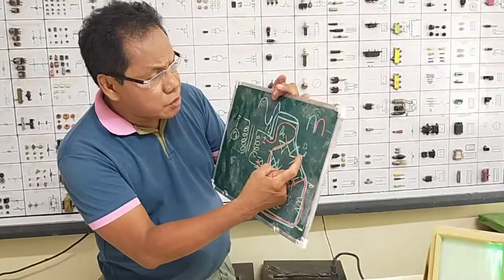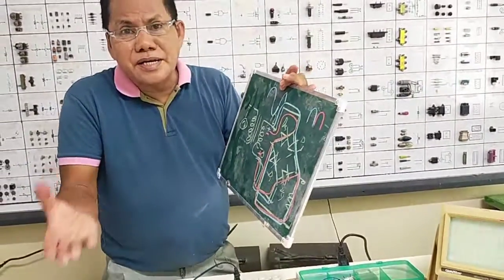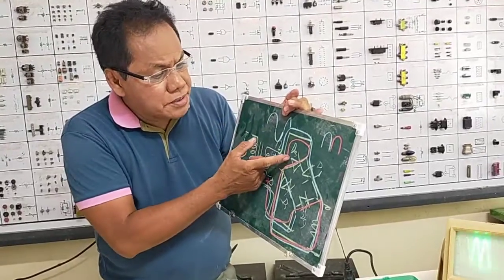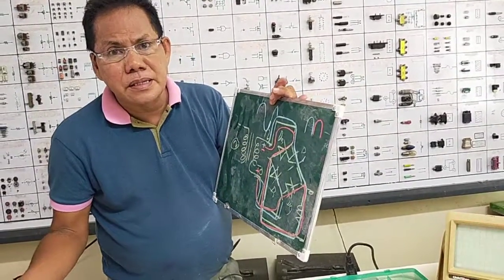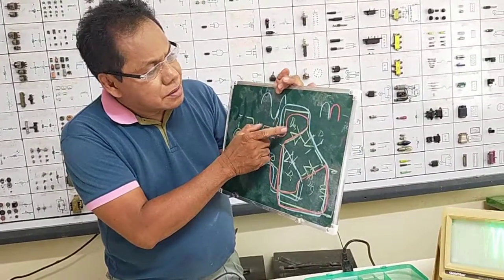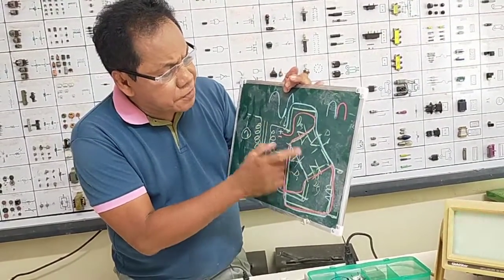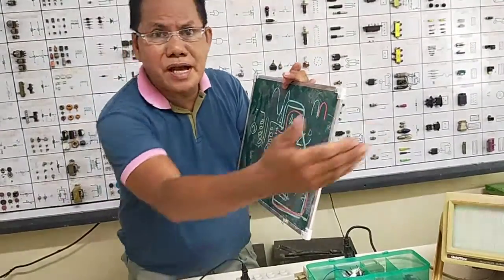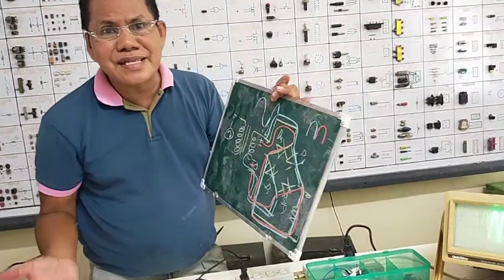The first 2 diodes, D1 and D2, are conducting at the same time during the first half cycle, while D3 and D4 are not conducting. But in the next half cycle, which is negative going, D4 and D3 now are conducting, whereas D1 and D2, which were conducting a while ago, are now not conducting.